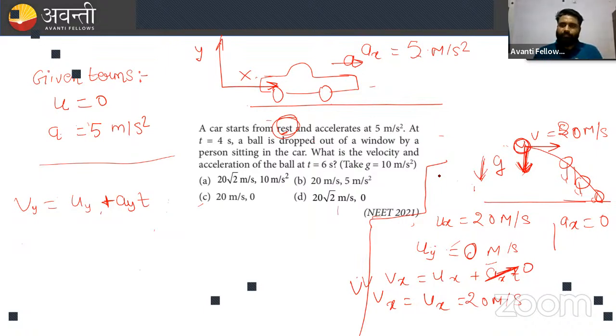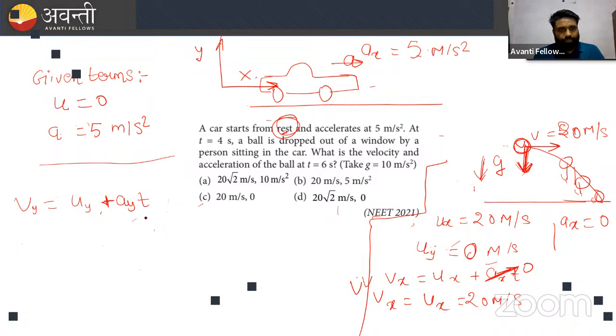Okay, अगर मैं किसी बॉल को ऊपर थ्रो करूं with certain velocity, then we would consider gravity as a minus factor. And if the ball is just dropped or just pushed in the direction of gravity, then this ball is having a positive acceleration. So here the plus should come.